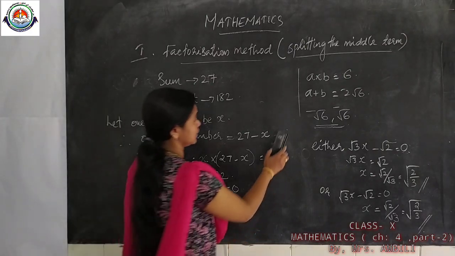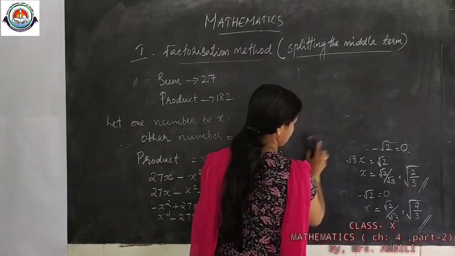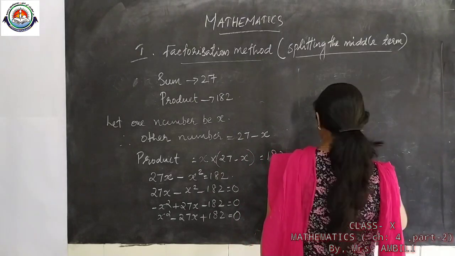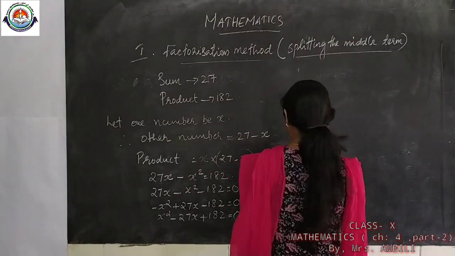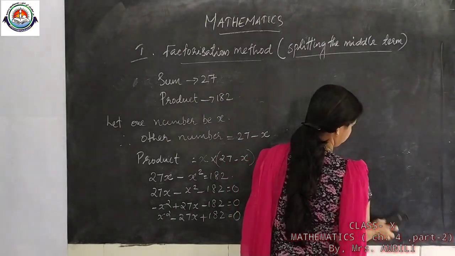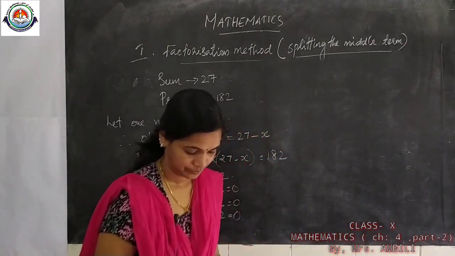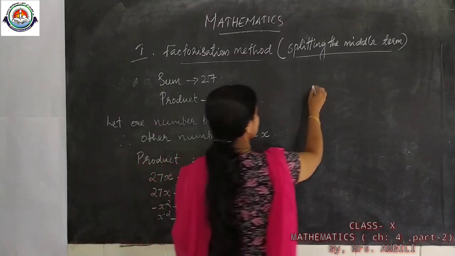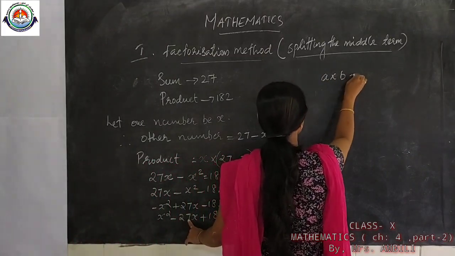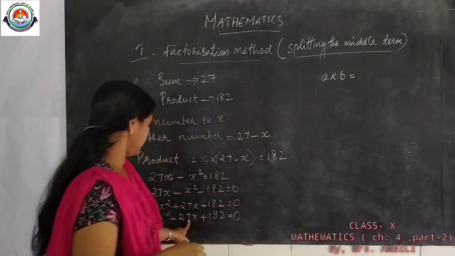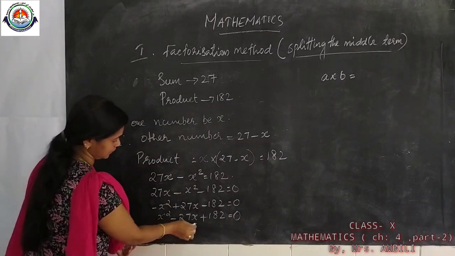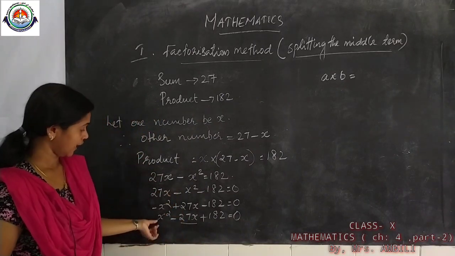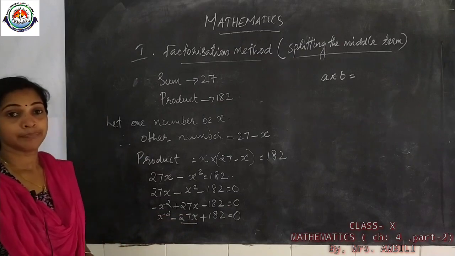What is the middle term there? Minus 27. We need to split this one. This is our quadratic equation and minus 27 is the middle term.